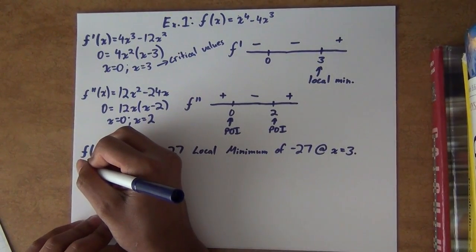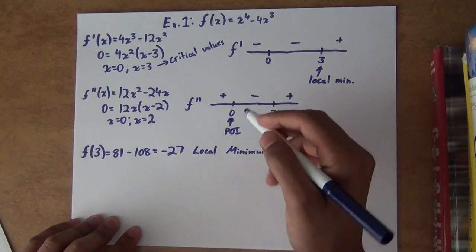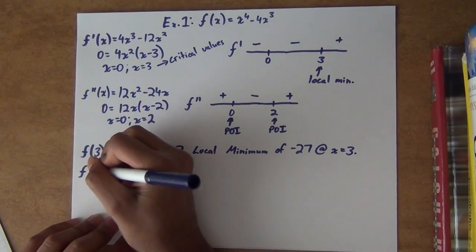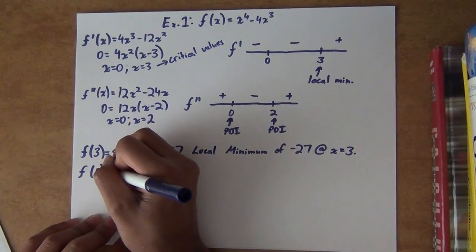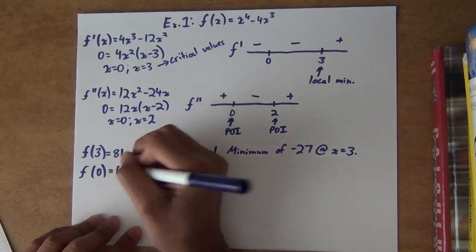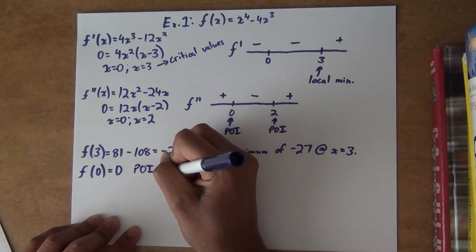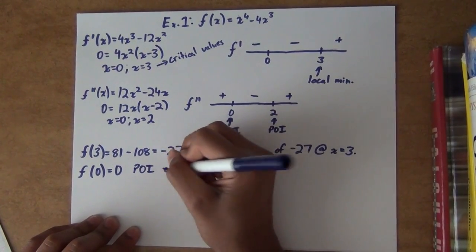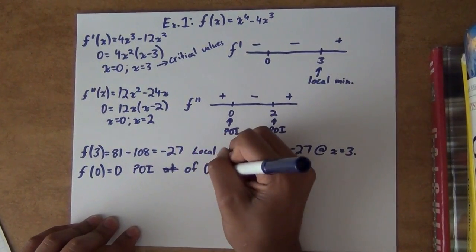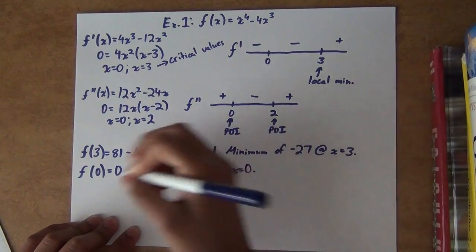And then our second one, our first point of inflection is at x equals 0. So f of 0 is 0. So POI, point of inflection, of 0 at x equals 0.